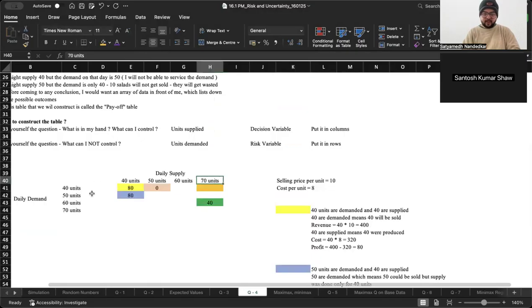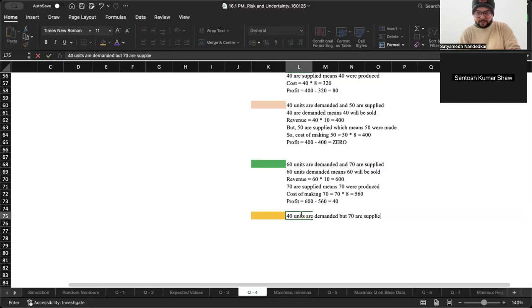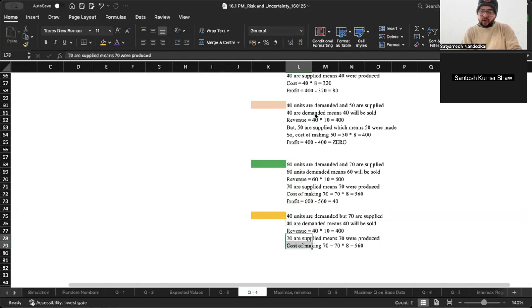Orange is 70 are supplied, 40 are demanded. ठीक है. 40 units are demanded, but 70 are supplied. 40 demanded मतलब 40 का सेल हो जाएगा. 40 into 10 you will get 400. 70 are supplied, which means 70 were produced. Cost of making them is 560. यहाँ पे प्रॉफिट कितना होगा? यहाँ पे प्रॉफिट होगा 400 minus 560, which gives me minus 160.